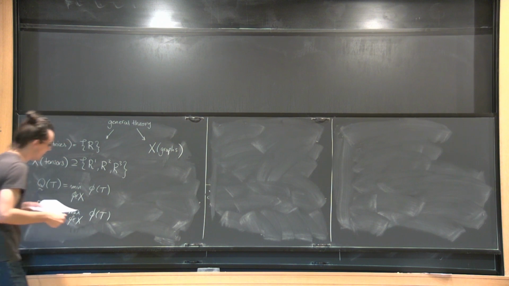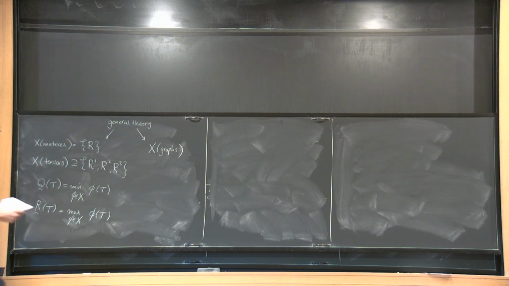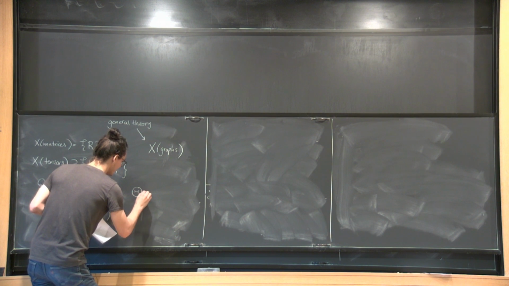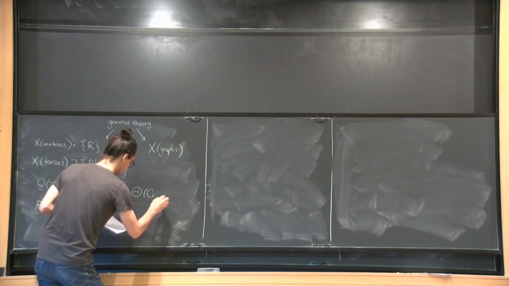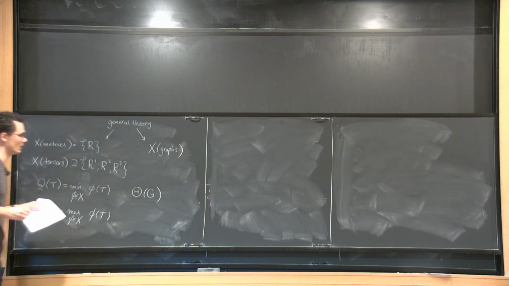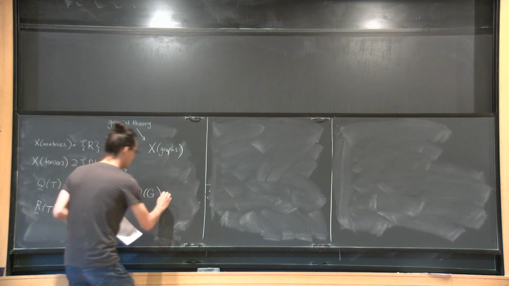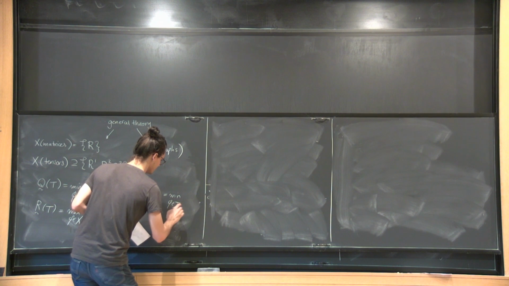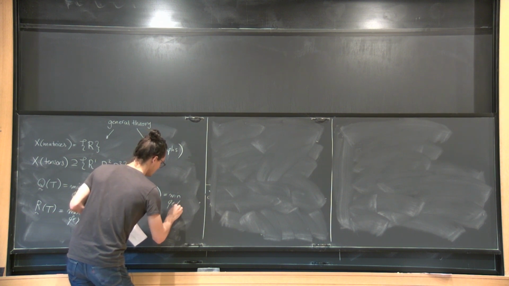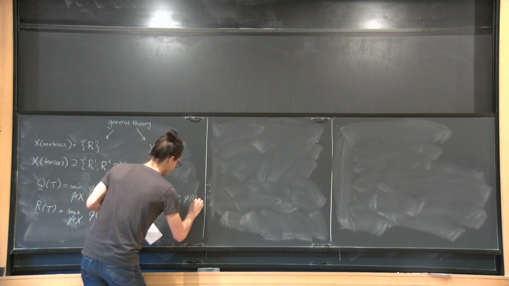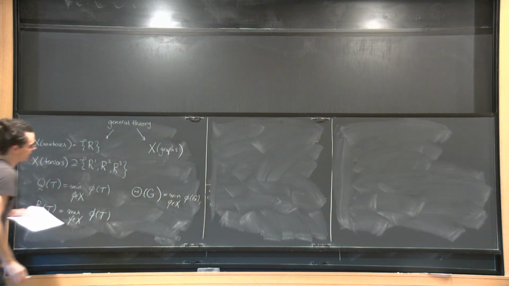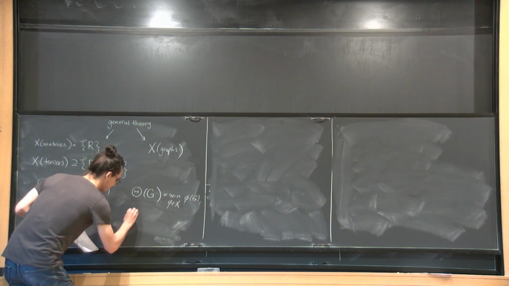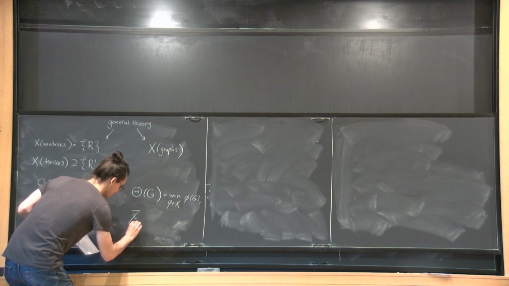Here, the analogous parameters will be the Shannon capacity of a graph. So this will arise as a minimum. And something called the asymptotic clique cover number.